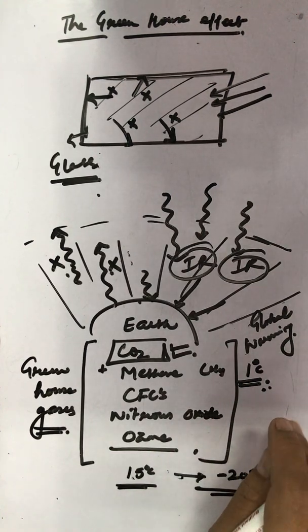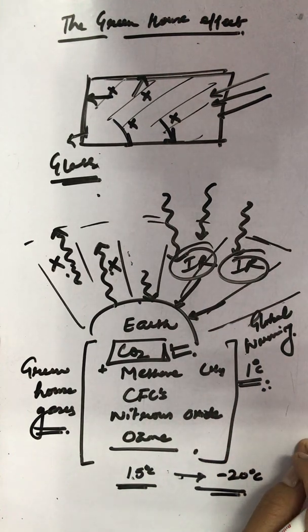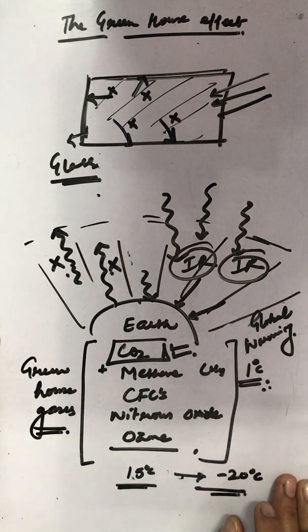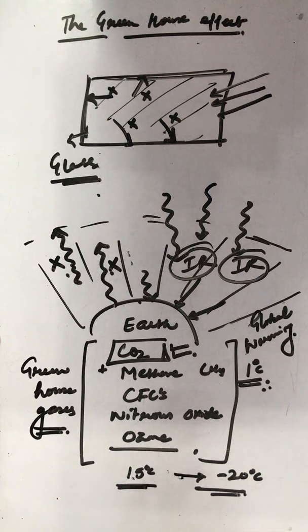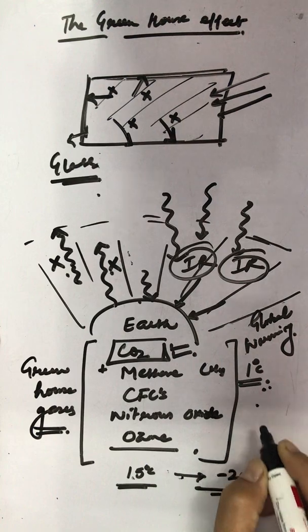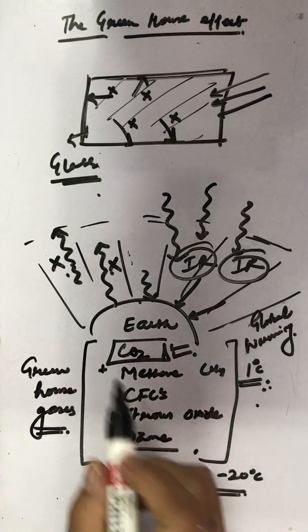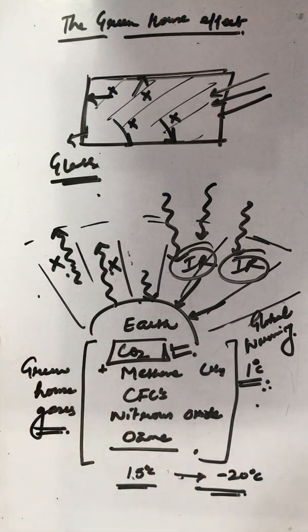This will result in rise in sea level. The coastal regions will be flooded, might even be submerged. This is the drastic effect. Then increase in temperature of the earth due to greenhouse effect will result in changes in weather and precipitation patterns. This is what we say is the greenhouse effect.